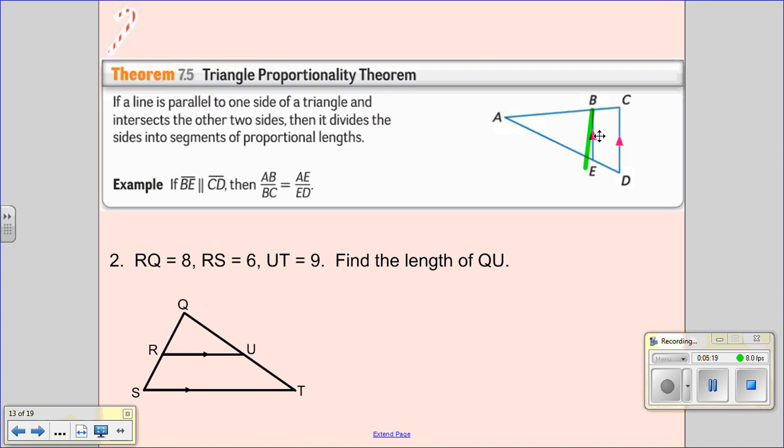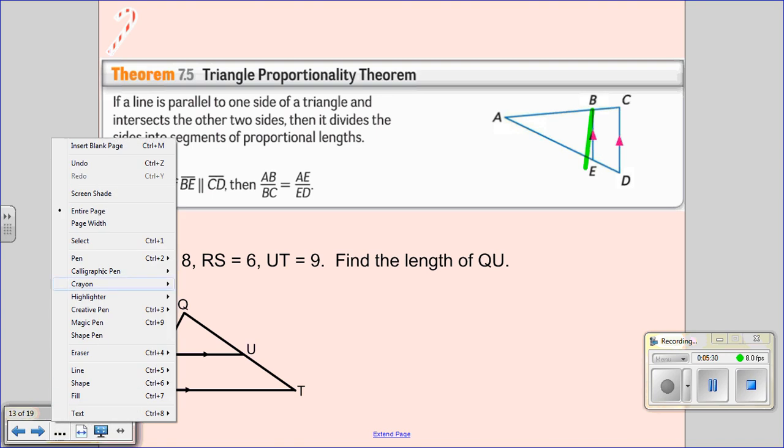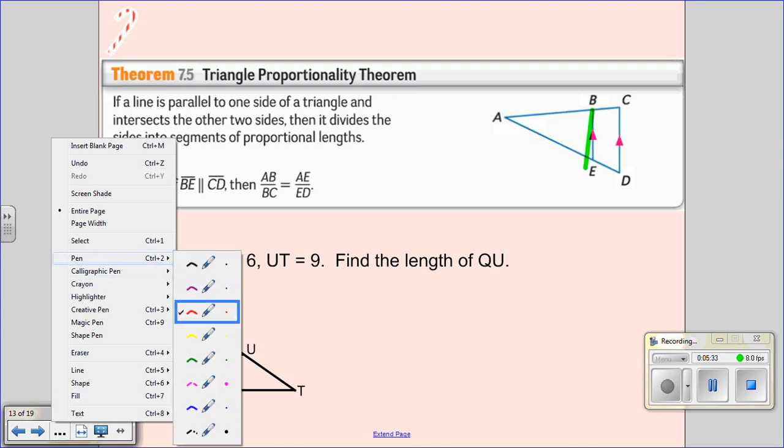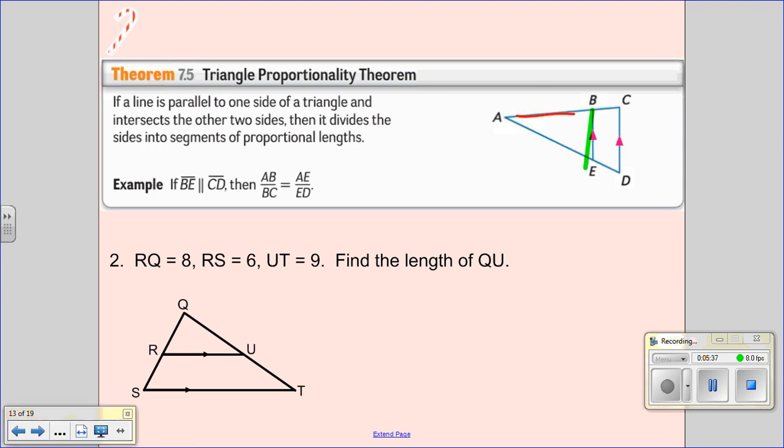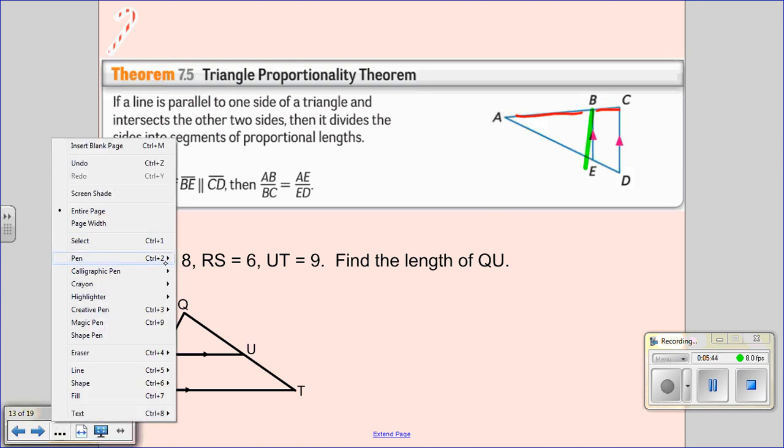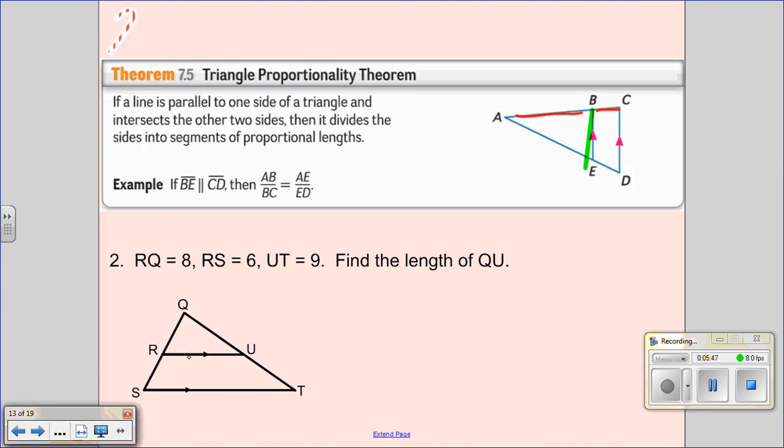And BE is intersecting the other two sides of the triangle, AC and AD. So what it is telling you is that AB is proportional to BC, and then AE is proportional to ED.